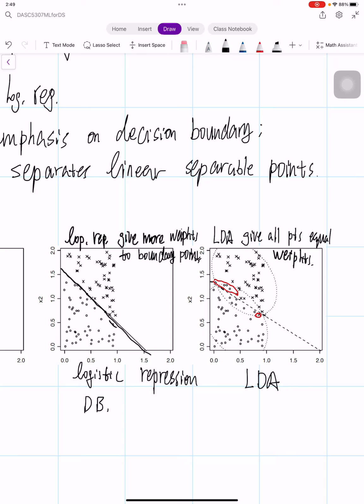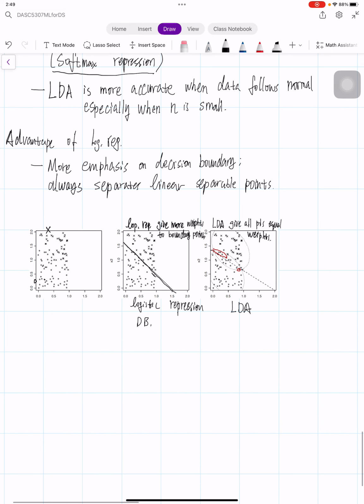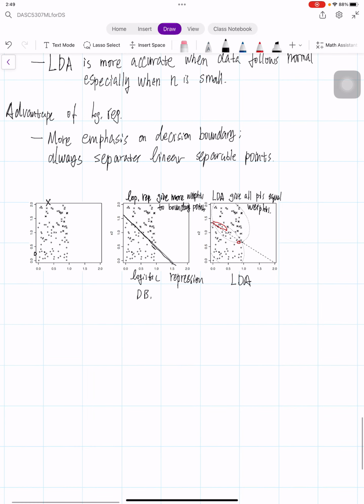So weighting points according to how badly they are misclassified is good for reducing the training error, but it can also be bad if you want stability or insensitivity to bad data. So that's a little bit of the difference between them.